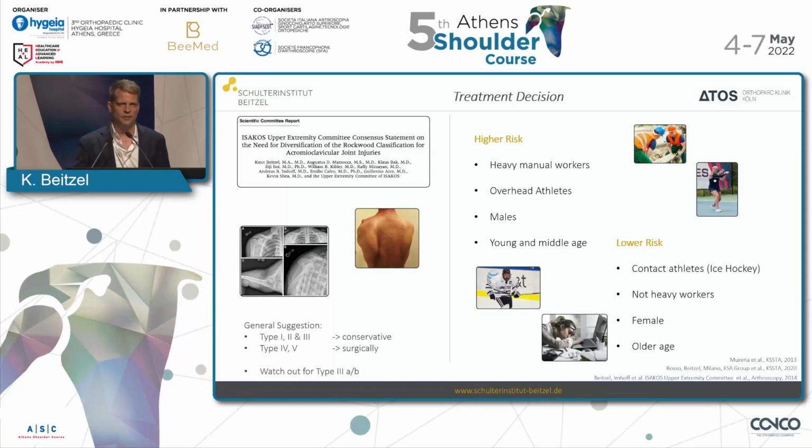I rather see very few who are not overhead athletes or heavy workloaders who report later on with a chronic instability. If I see someone with a chronic instability, it's rather these type males with overhead activities or with heavy loads. And also if you have a contact athlete like an ice hockey player, he will crash into the wall about 3 weeks after you did your surgery, and he's only doing sports below the horizontal line.